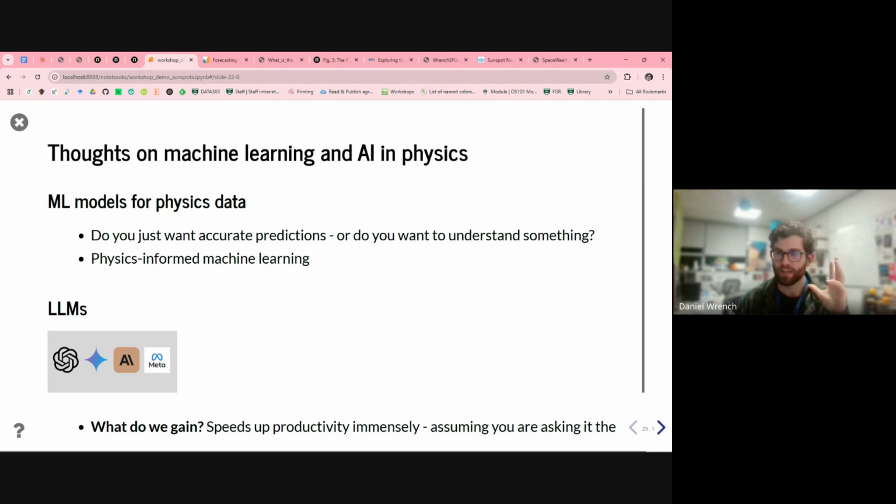I think for me, the key thing to keep in mind is how important it is that we can interpret the results of this model. Do we only want accurate predictions? If we're studying thousands of galaxies, do we just want it to automatically classify what shape they are, so that we can study the unusual ones?